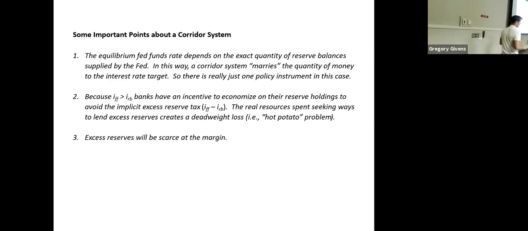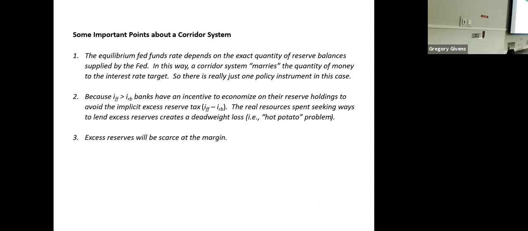Here's an important point, really important point. In a corridor system, excess reserves will be scarce at the margin. I use this term over and over again, at the margin. Whenever banks face this implicit tax on their excess reserves, they want to try to get rid of them. So excess reserves then are going to be scarce on the margin.